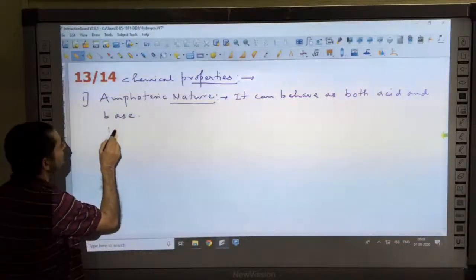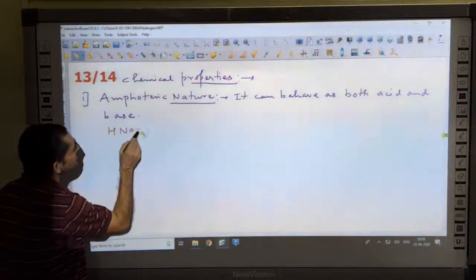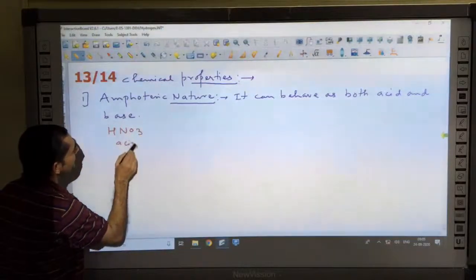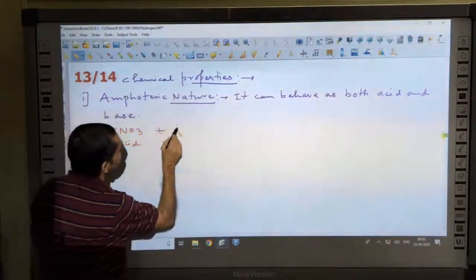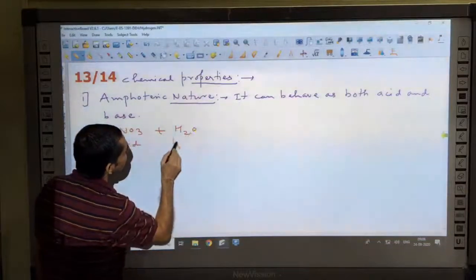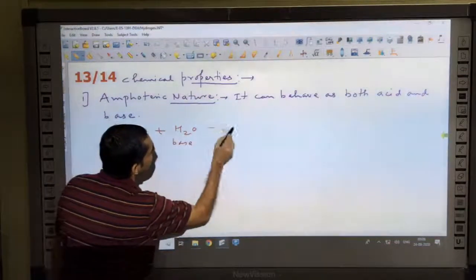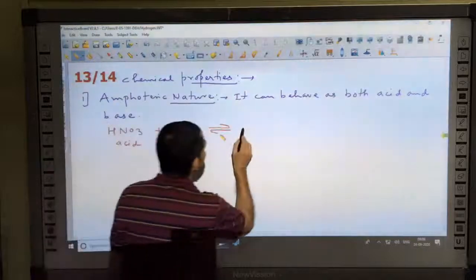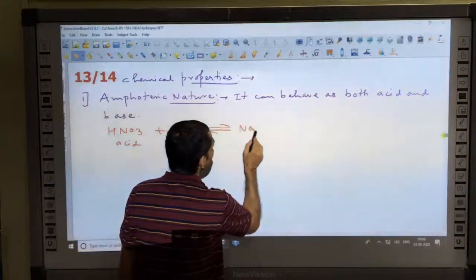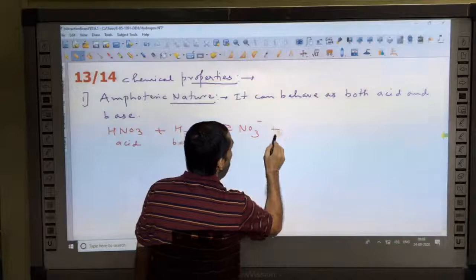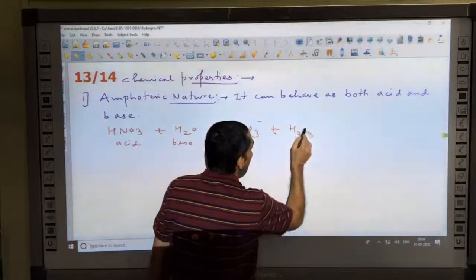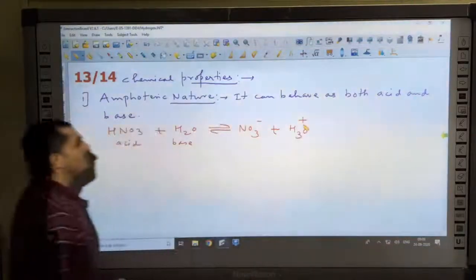You see HNO3. HNO3 is acid. When it reacts with water, here water will behave as base. This is converting into what? Nitrate ion plus hydronium ion. Here water was behaving as base.